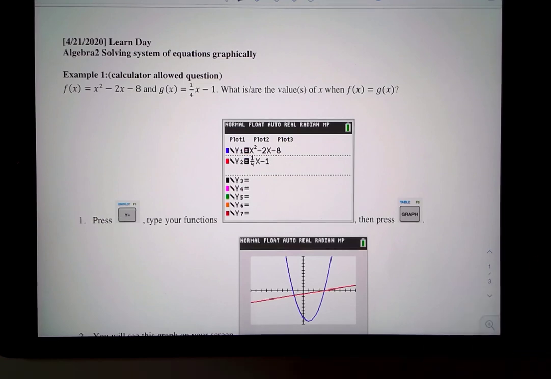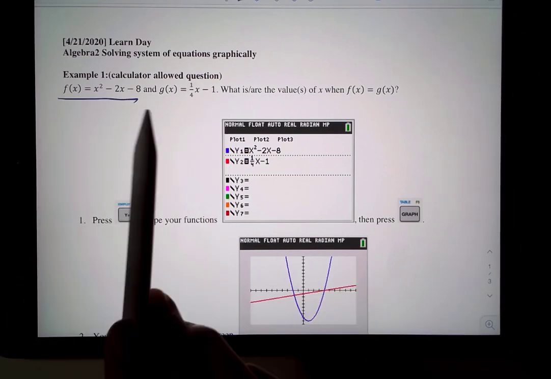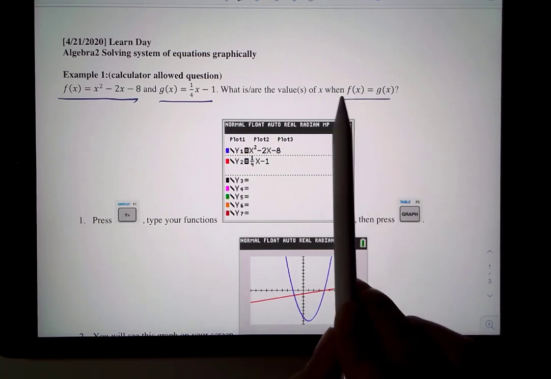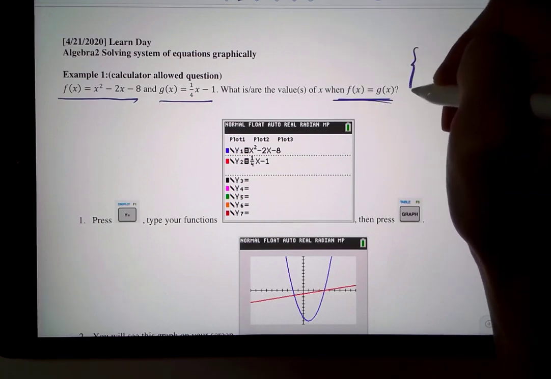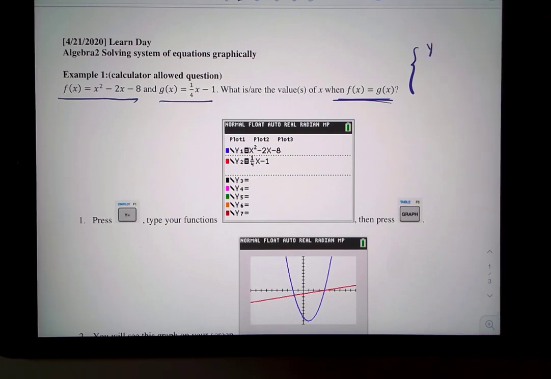All right. So look at example 1. I gave you two functions, f of x and g of x, right? And the question is, what are the values of x when f of x is equal to g of x? That means we can write this as a system of equations. Any function, f of x or g of x, we can write as y.